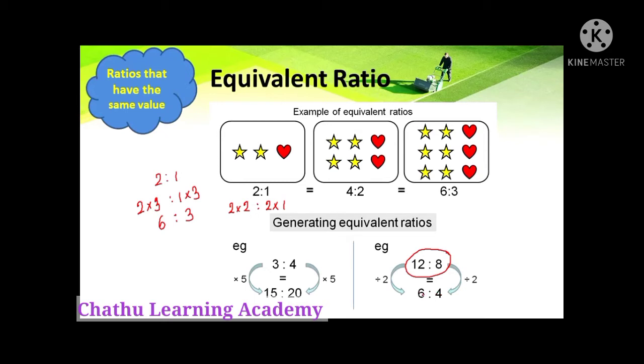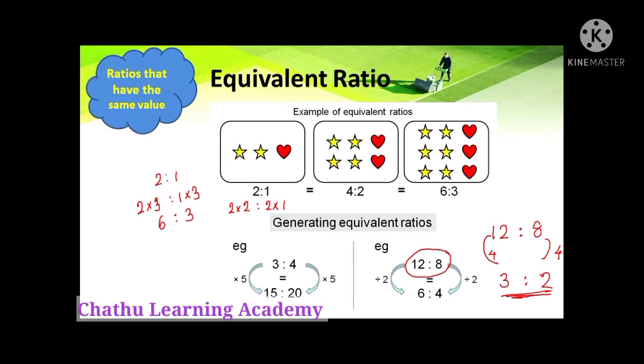You can find another equivalent ratio for this one by dividing these two values by 4 also. Here 12:8. We can divide both values by 4. 12 divided by 4, what is the answer? 3. Then here 2. 3:2.